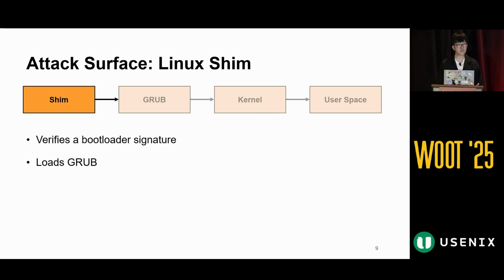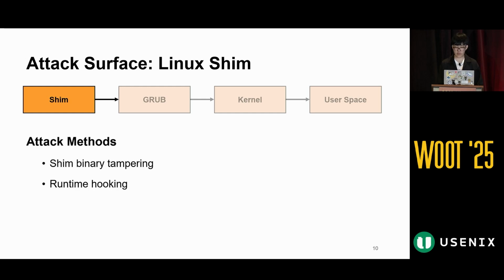First, let's explore shim. Shim verifies Grub's signature before loading it. From an attack perspective, there are 2 main points of interest in shim. First, tampering with the shim binary on the boot partition. Second, hooking the in-memory shim and runtime.